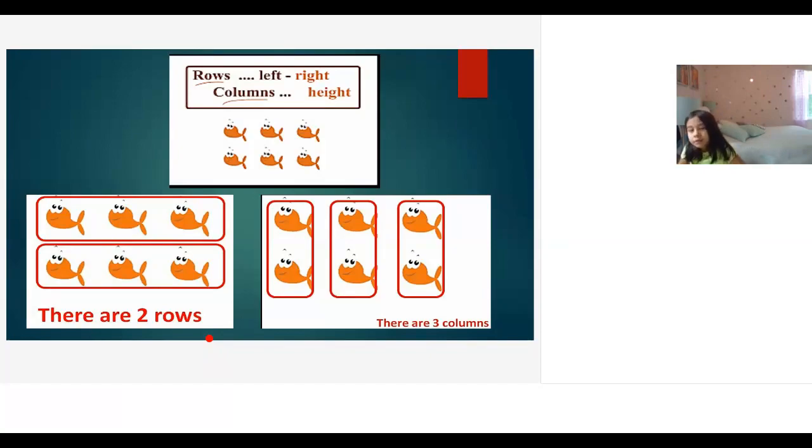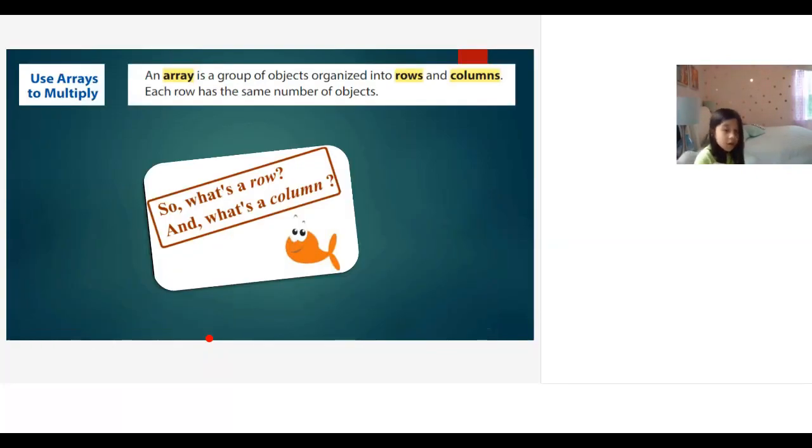Oh, I remember. Rows are something that are side by side, and columns are the more height.